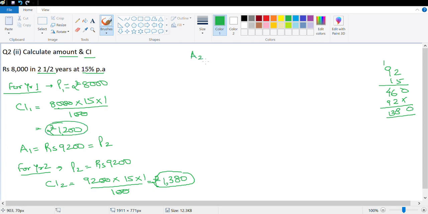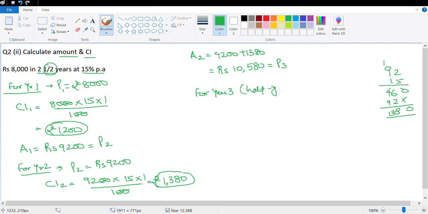So amount 2 is equal to 9200 plus 1380, which is equal to rupees 10,580, which is equal to principal for third year. Now for year 3, but this is not full year, this is only a half year.